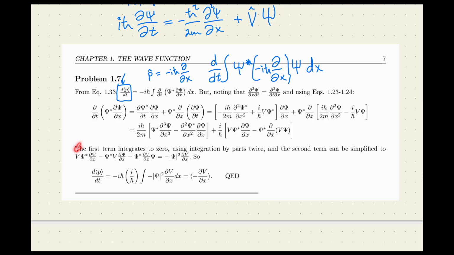How do they cancel? It actually looks like they're pretty simple. Here we have v, here we have v, here we have psi star, here we have psi star, and here we have derivative of psi with respect to x, derivative of psi with respect to x. This one is positive, this one is negative. It's literally just like a minus a. So this is a minus a. This thing equals 0, and all that's left here is this part.